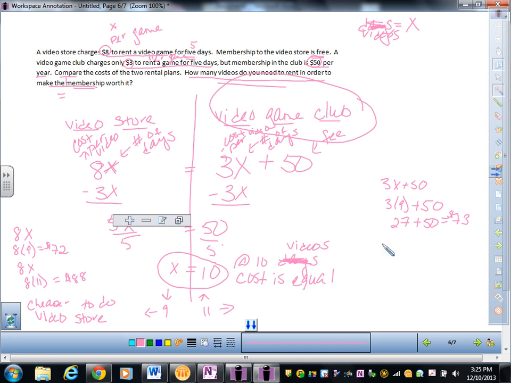And then this one, I had 3x plus 50 and 3 times 11 because that's a number greater than 10 plus 50 gives me 33 plus 50, which gives me 83. And now look at that. It's cheaper to go here. So if I rent more than 10 videos, it's cheaper to go with the video game club.